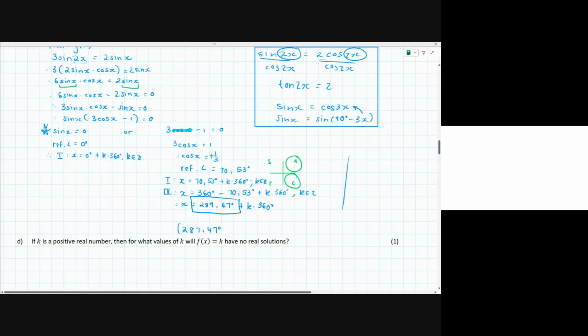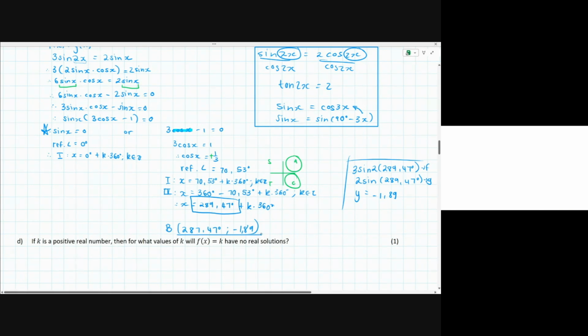So either we can say 3 sine 2 times 289.47 for f of x, or you can use your g of x equation, which is 2 sine times 289.47, and you will get your corresponding y value, which ends up being about negative 1.89. And so we get our coordinate for B.